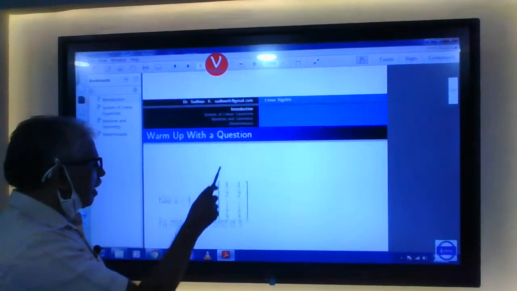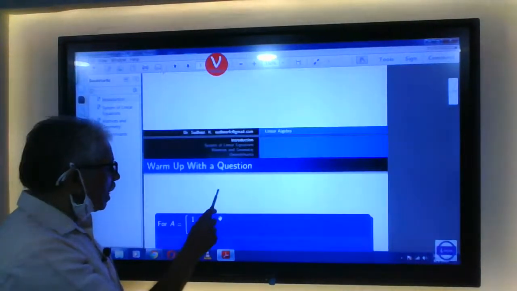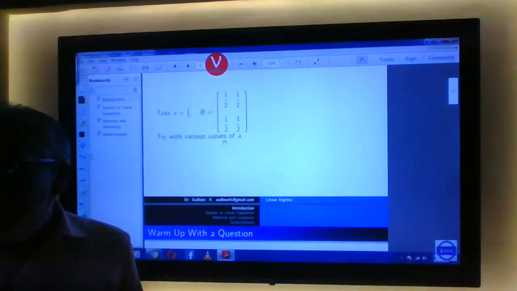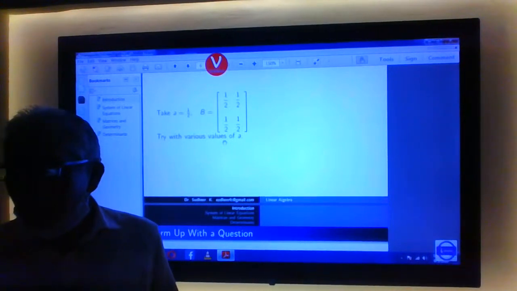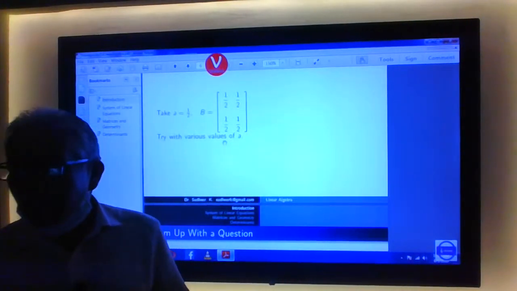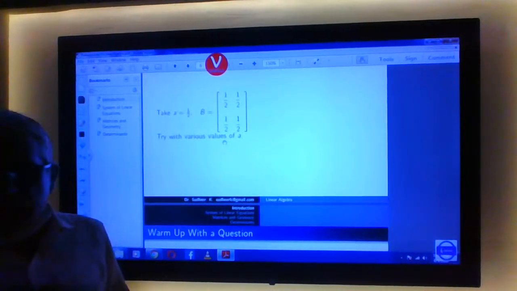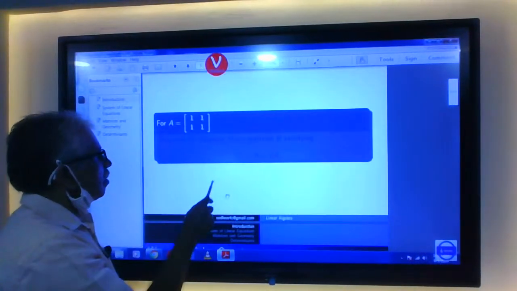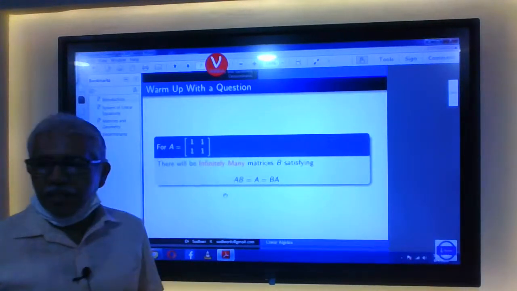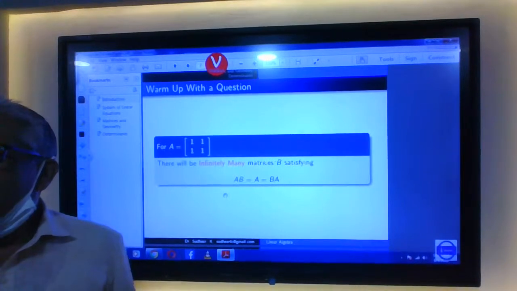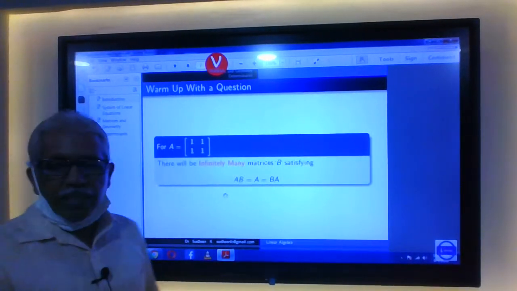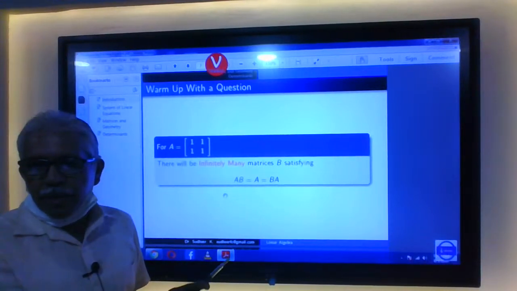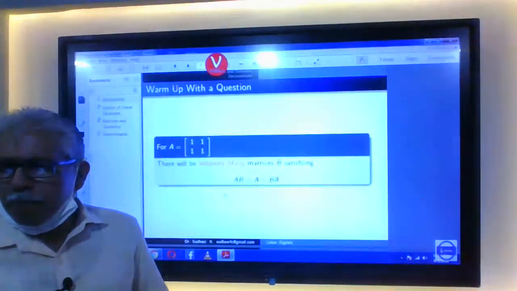If you take a to be something else, if you take a to be 1, you are getting a different B. If you take a to be 100, you will get corresponding values in the other entries and you will get the matrix B. Now, the answer to the question is that there are infinitely many B satisfying the condition AB equal to A equal to BA. Now, let us move one step further.